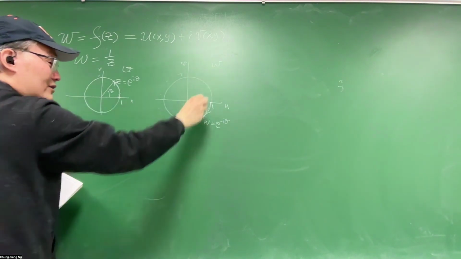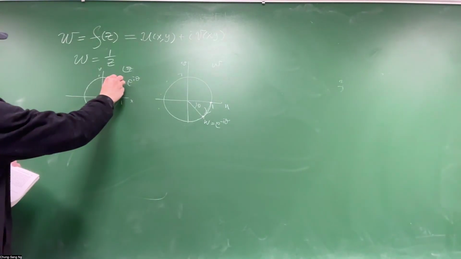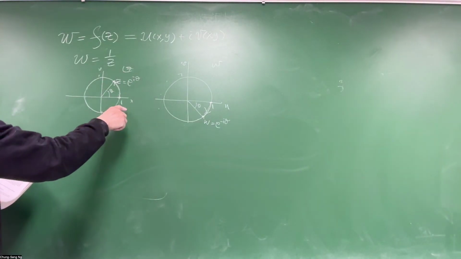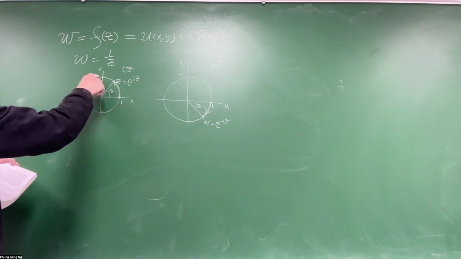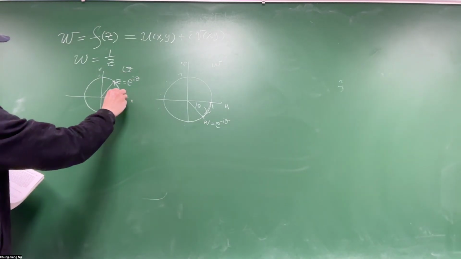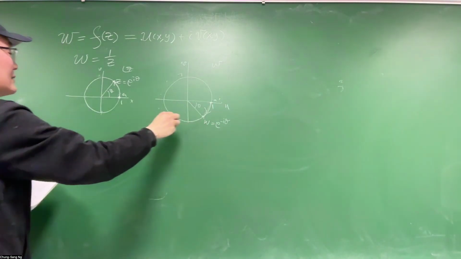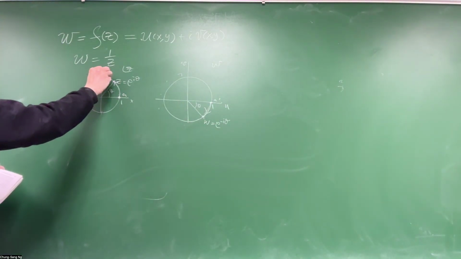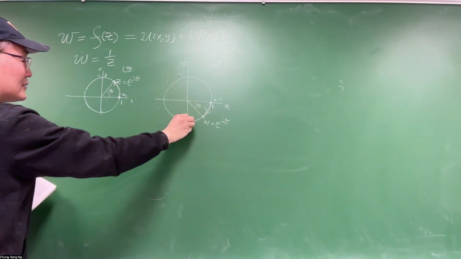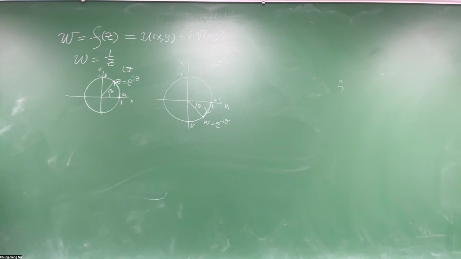That helps you to figure out how you map these different points. So this is one. Obviously, I will map to 1 over I, which is minus I. So if this is your point A, and your point B is I, then it maps to point B prime here. Likewise, you can figure out other points.